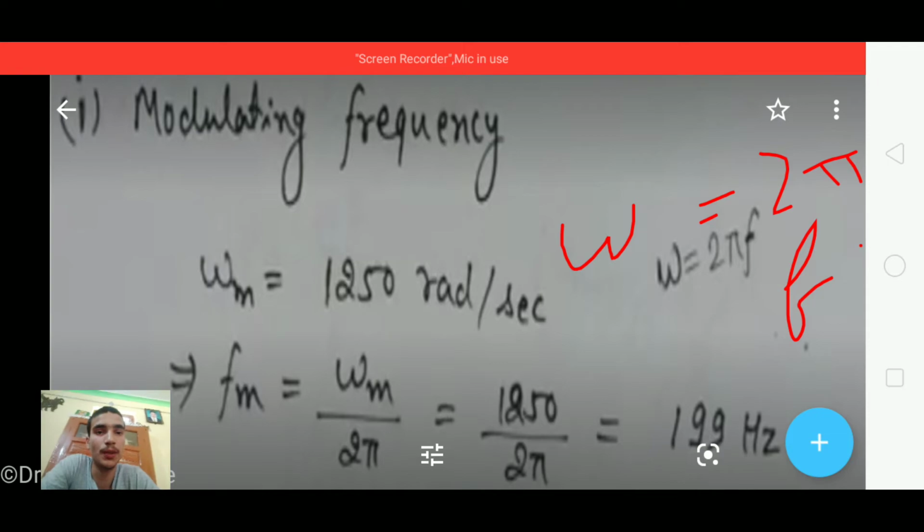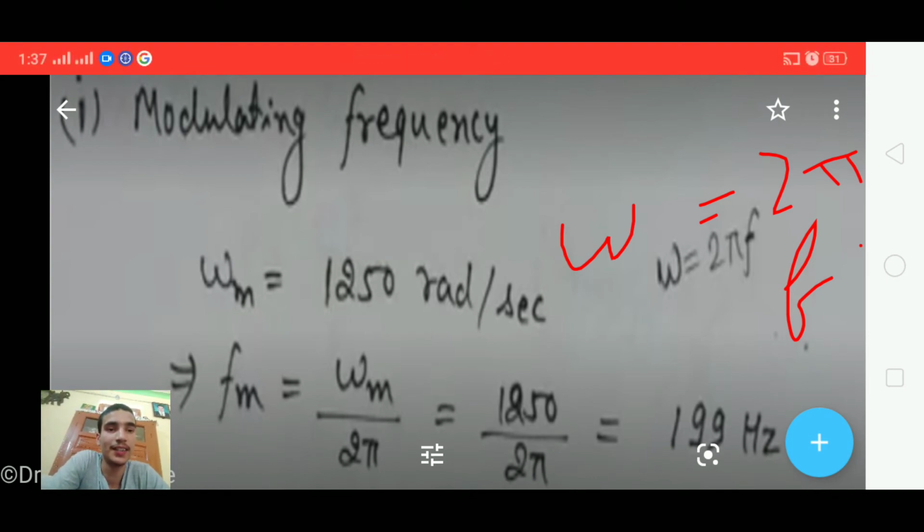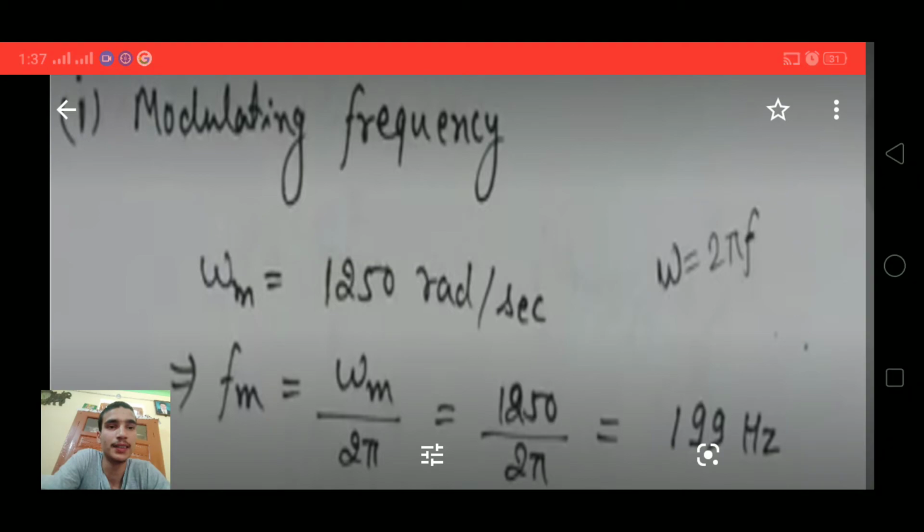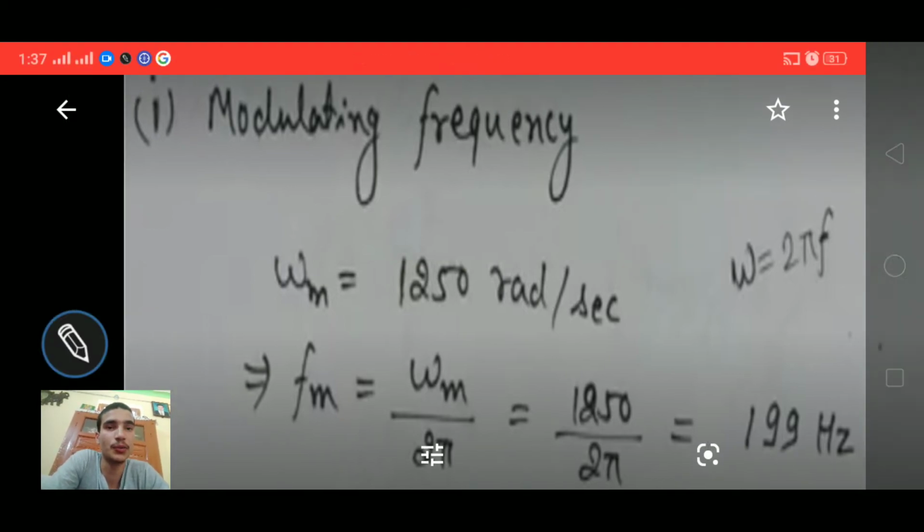So fm = omega m upon 2π. On calculating, we get 199 hertz. So that is our modulating frequency in this question.